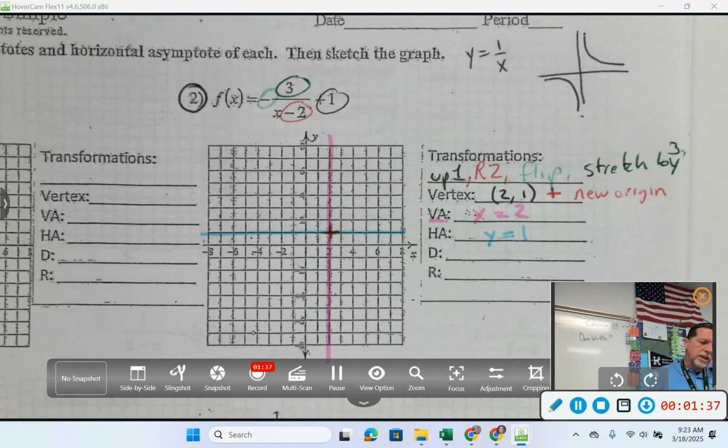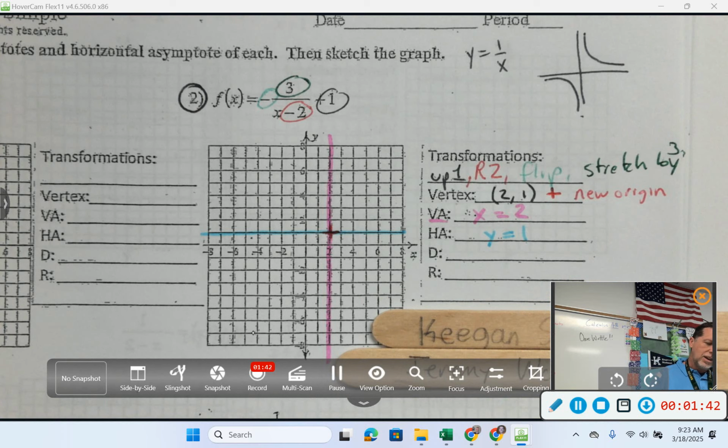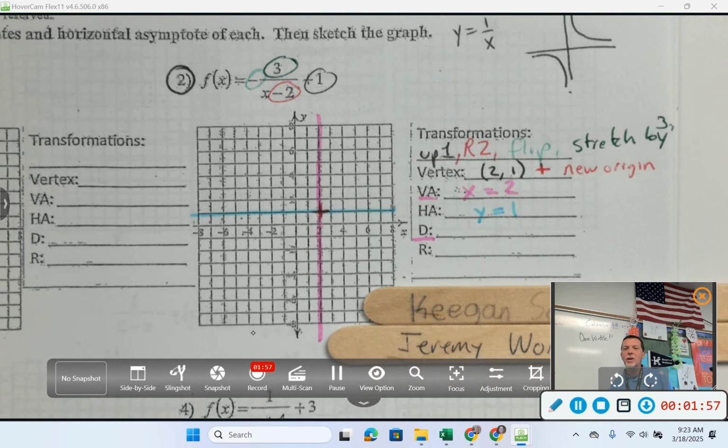And then, related question, Keegan, how about the domain? That's if you want to be fancy, yes, but you can also give me the unfancy description of what X can or can't be.